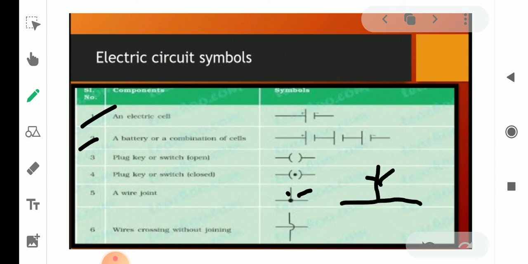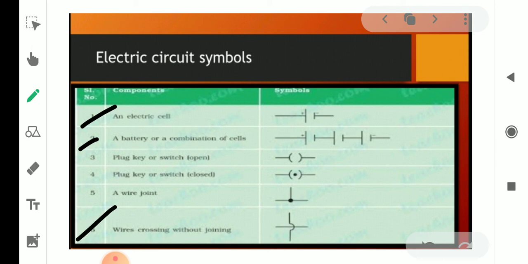The current which is coming like this moves in this direction and also in this direction. So the current flows both ways. That means there is a wire joint here where the current is divided towards both sides. Okay, so this is the wire joint symbol which we use in an electric circuit.